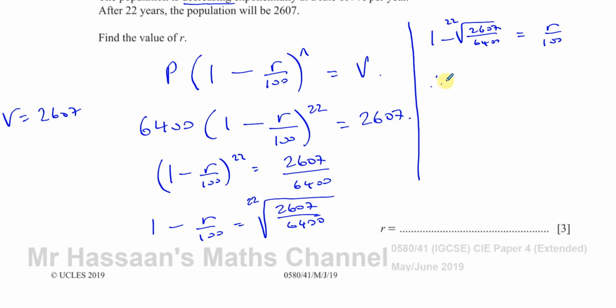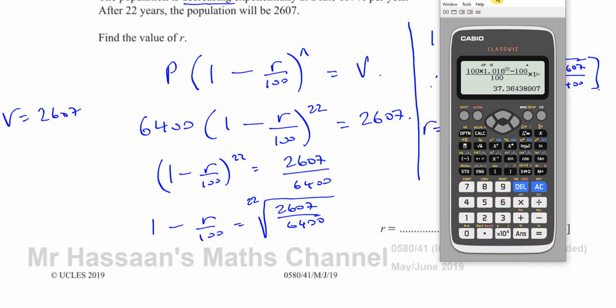So therefore our r is going to be 100 times all of this: 1 minus the 22nd root of 2,607 over 6,400. And that will give us what our r is. So let's see if that works.